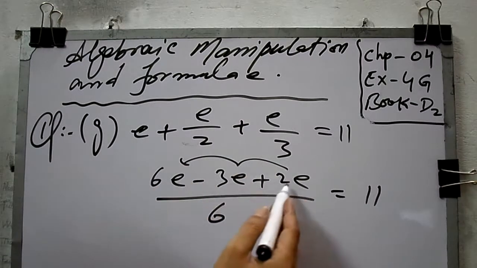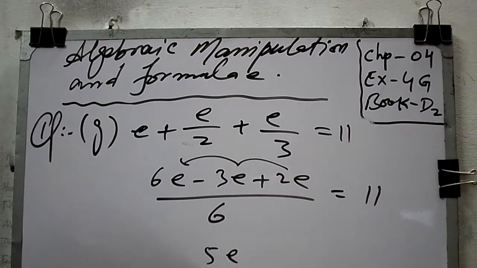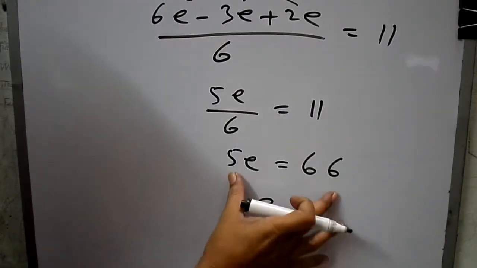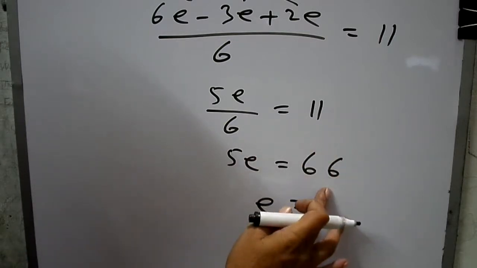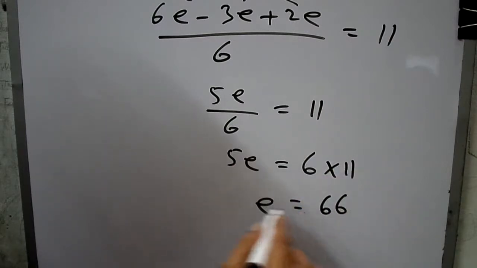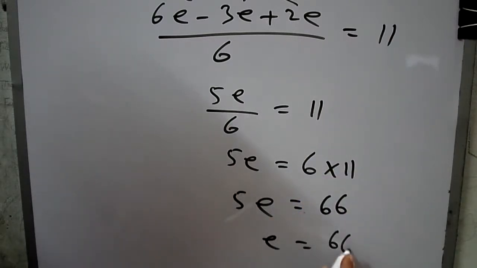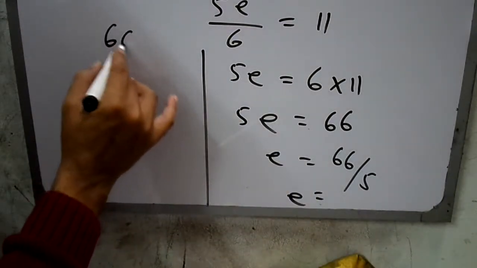You will get 6, 8, 8 minus 3, 5e. So cross multiplication, 5e is equal to 6 multiplied by 11, that is 66. You need the value of e, so the value of e is 66 divided by 5.